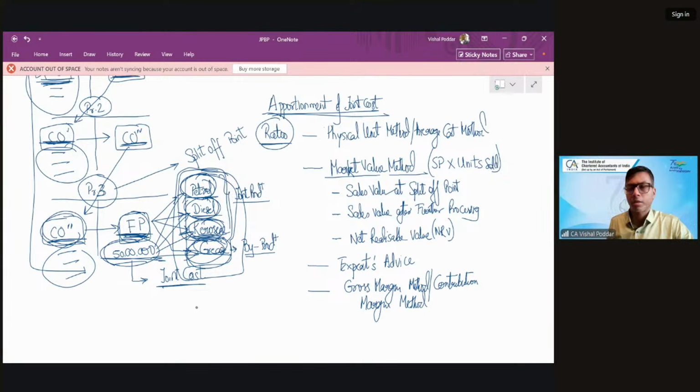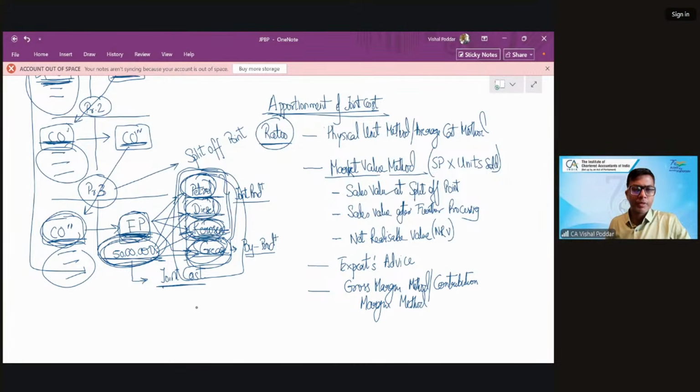And let me tell you, student, this is a very simple topic for solving, because as you can see, what we are required to do in this chapter is divide this 50 lakhs between your products using one of these ratios, whatever is asked in the question. That's it. Done. Nothing else. That is what is maximum required in this particular chapter.